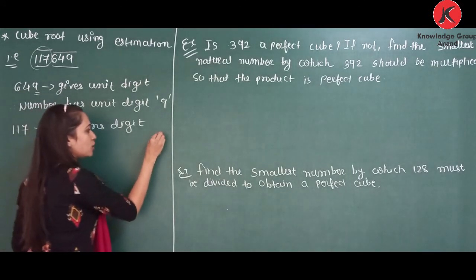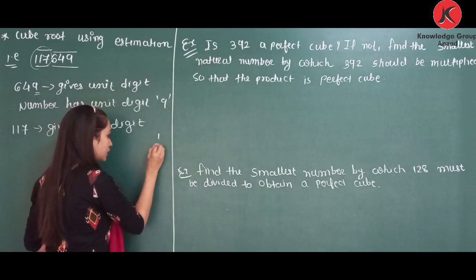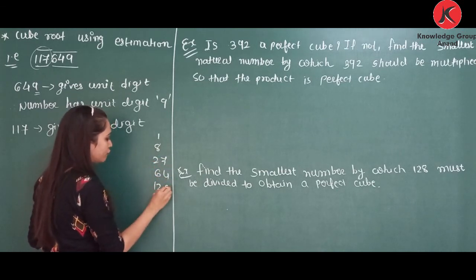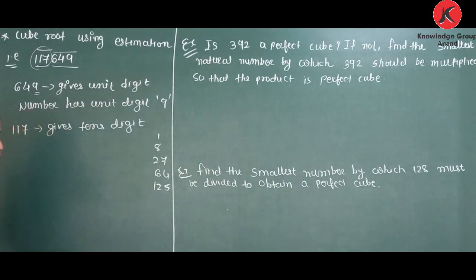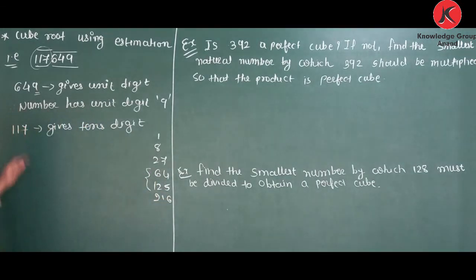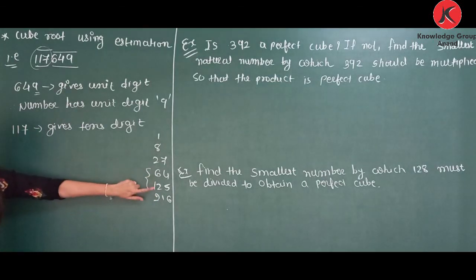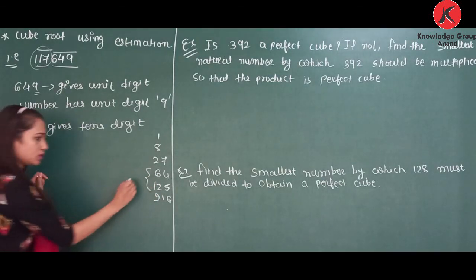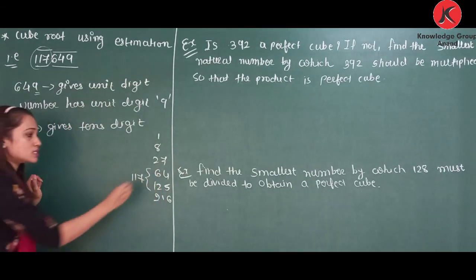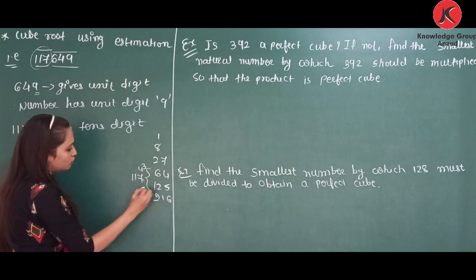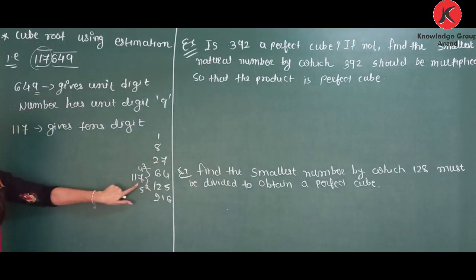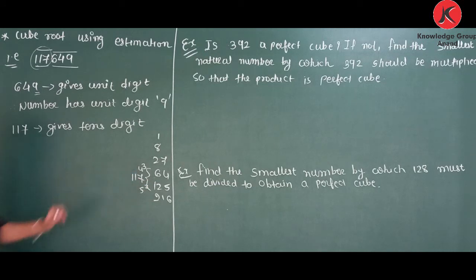If we write the perfect cube numbers 1, 8, 27, 64, 125, 216, now you can see here 117 is between 64 and 125. 64 is what? 4 cube, and 125 is 5 cube. So that's why it gives the nearby lower value 4.